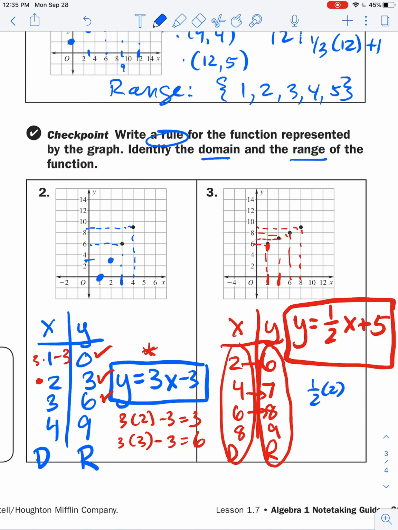So for example, here I would double check it and say, does half of 2 plus 5 equal the 6 that I got? Half of 2 is 1, plus 5, check. Does half of this 4 plus 5 equal 7? That would be half of 4 is 2, plus 5 is indeed 7, check.